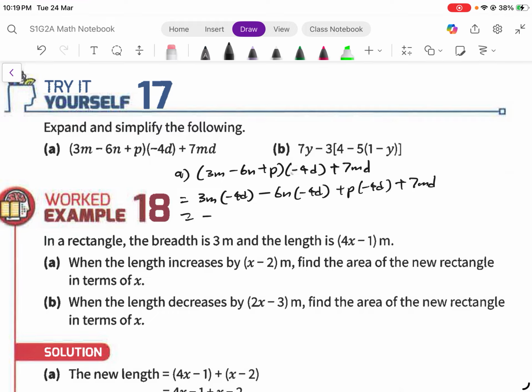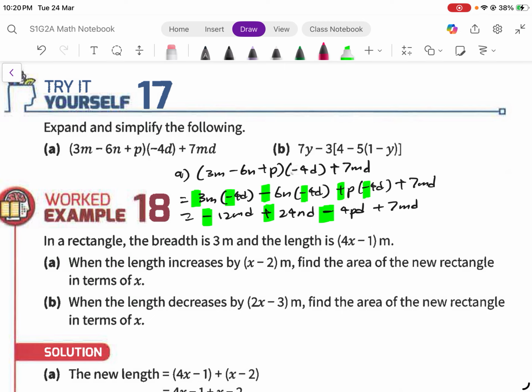So multiply in: minus 12md. Right, so minus, minus, plus. Then next one, minus minus plus 24nd. Right, so take note, minus minus plus. Then after that is plus minus, minus 4pd. Then the last one will be plus 7md.